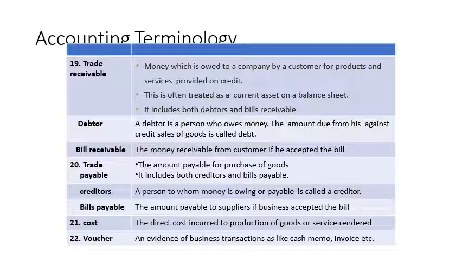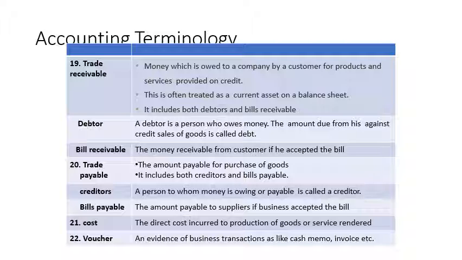So listen again: trade receivable is equivalent to debtors plus bills receivable. The word debtor refers to the amount receivable from customers on goods sold on credit, and bills receivable means the money receivable from the customer if the customer accepts the bill. And the next one: trade payable is equivalent to creditors plus bills payable.